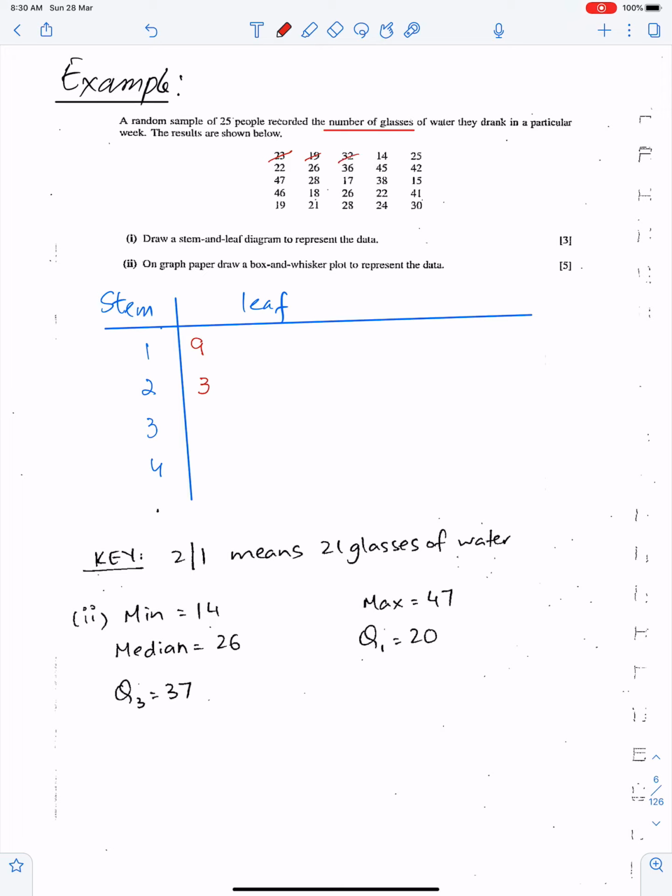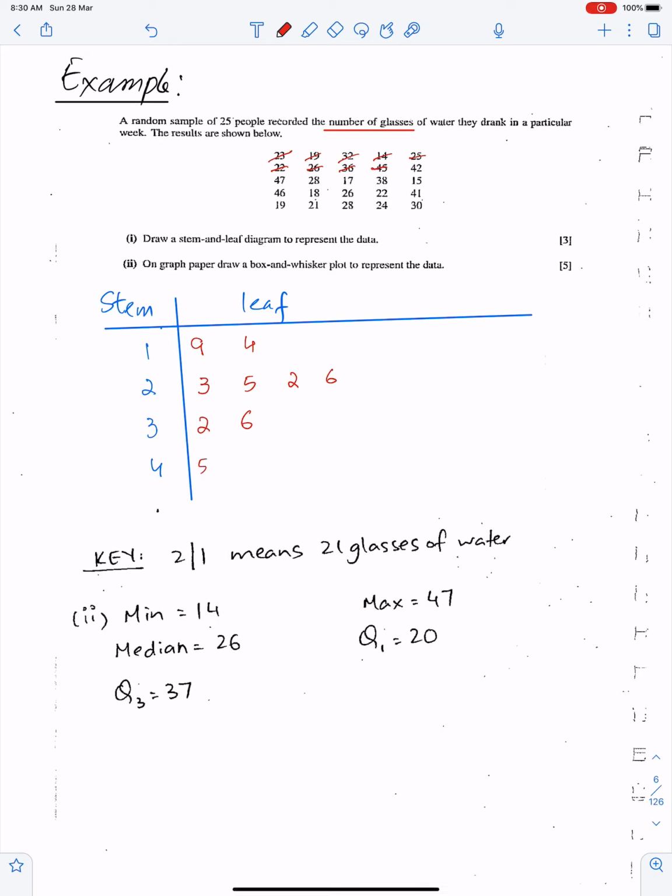Then 32, 2 should be in the column of 3. 14, 4 should be here. Then 25, then 22, 26 should be in the column of 2. 36, 6 should be here.